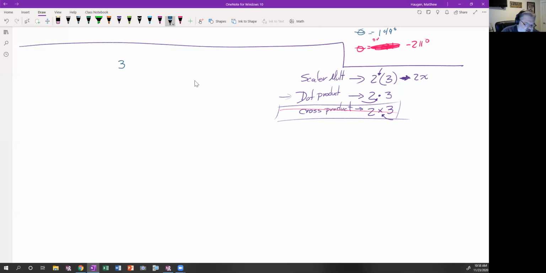What happens when we take 3 and multiply it by a vector, a scalar value multiplied by a vector? So that's why it's called scalar multiplication. And the nice thing is, it means what we think multiplication should mean.